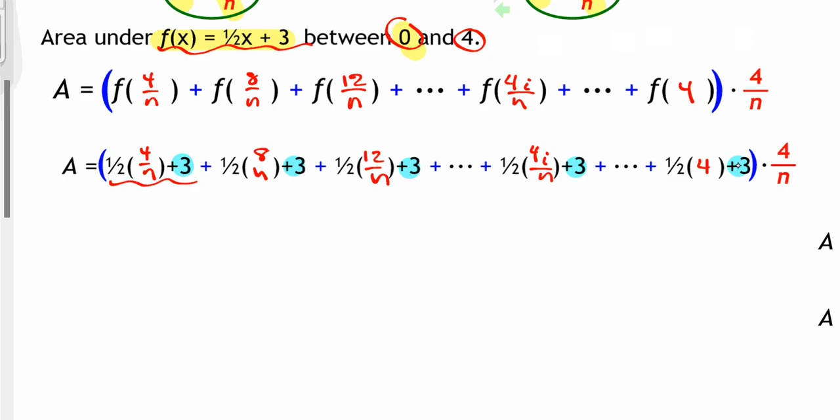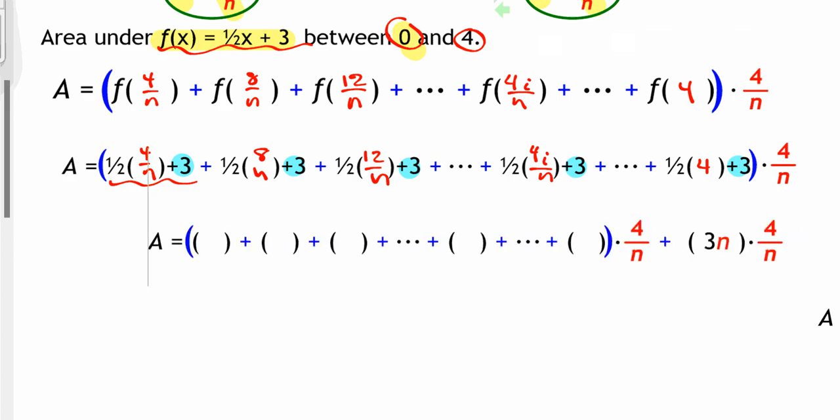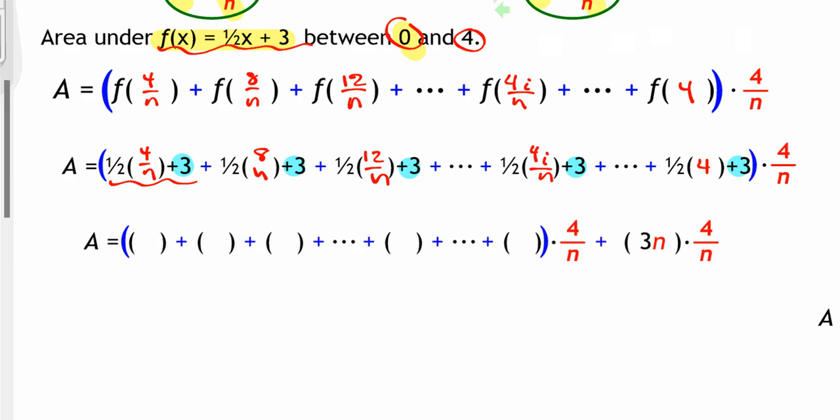How many 3's do we have? N 3's. So we can take that out of this bracket, but when I take it out of the bracket, it still has to be multiplied by that common factor.